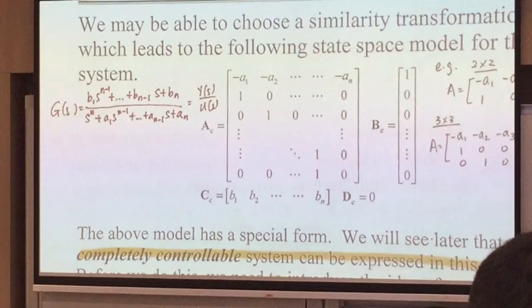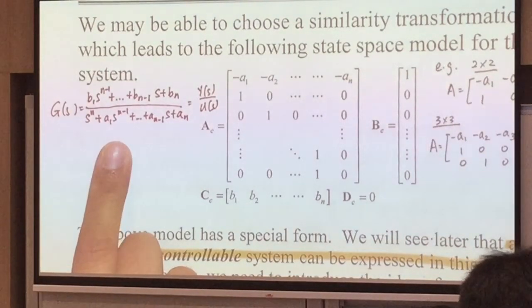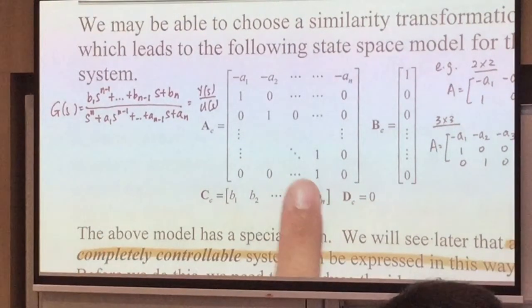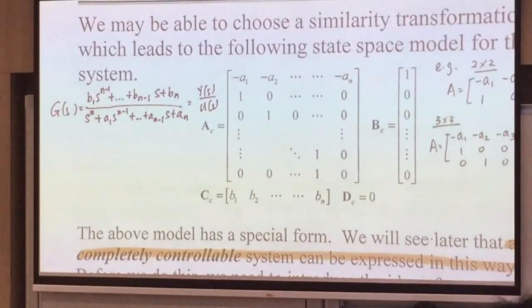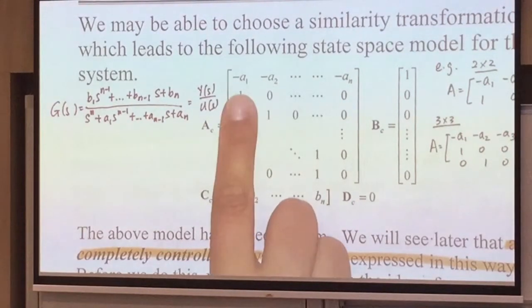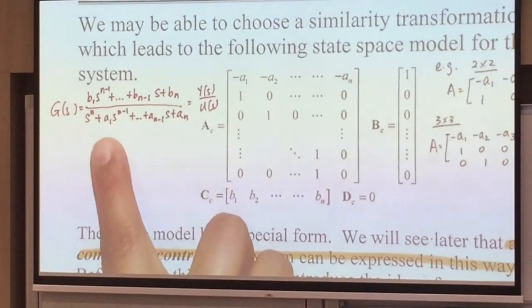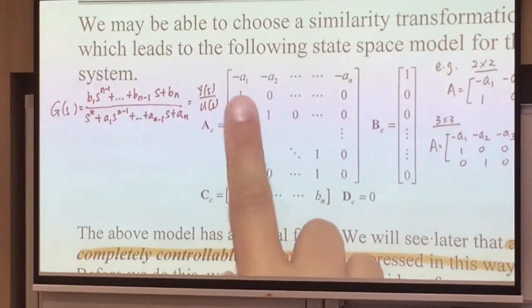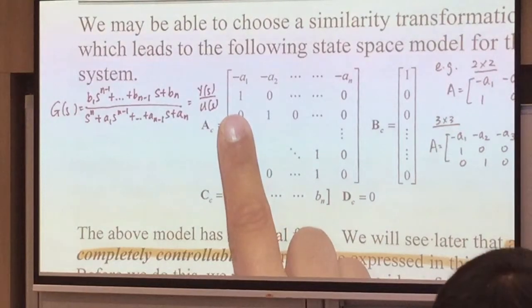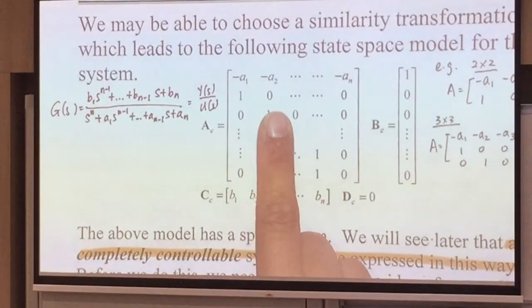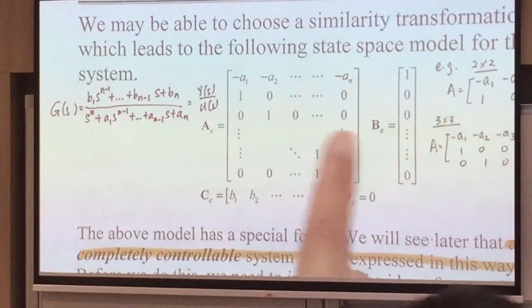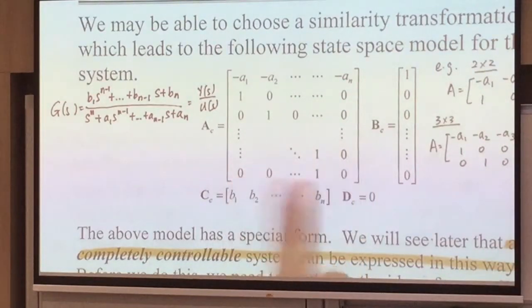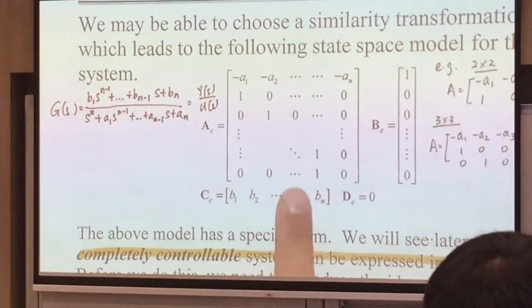If you have this transfer function, you can write the controller canonical form in this way. You can observe that for the first row, we have coefficients minus A1, minus A2, all the way to minus An. The bottom is just an identity shifted matrix: 1, 0, 0, then 0, 1, 0, and so on, all the way to 0, 1, 0.